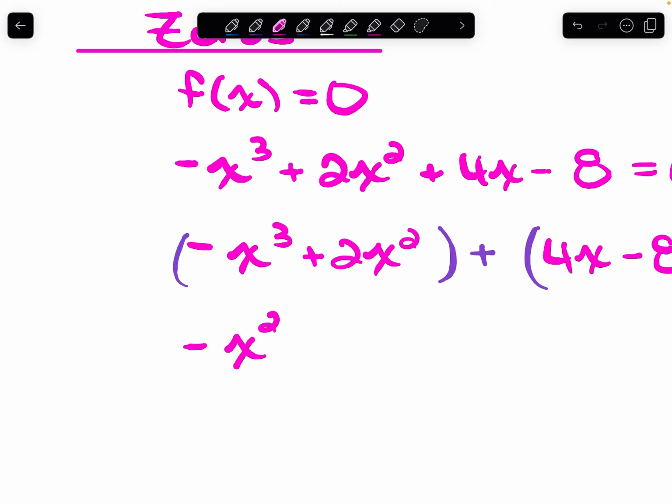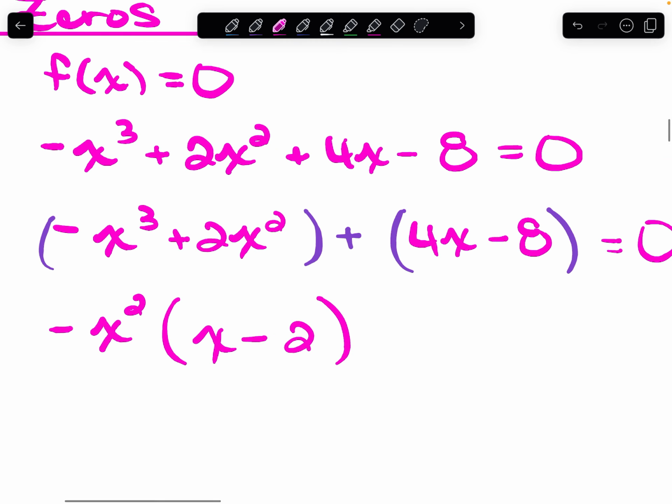And then they also have an x squared in common, which is going to leave us with 1x, and then change the sign because we took the negative out, minus 2. For the second group, they have a 4 in common. So I'm going to take the 4 out, and that is going to leave us with x and then minus 2.